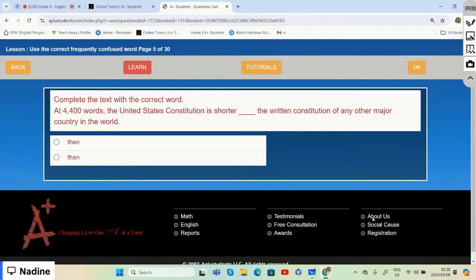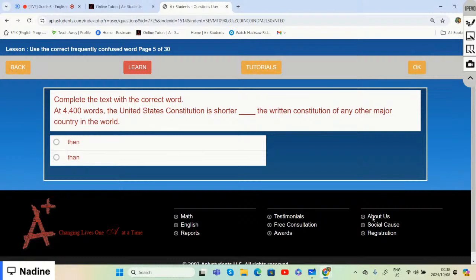All right. The next one, then and than. It says at 4,400 words, the United States Constitution is shorter, option one, then, or option two, than, the written constitution of any other major country in the world.